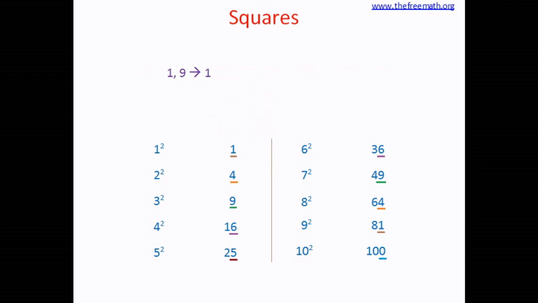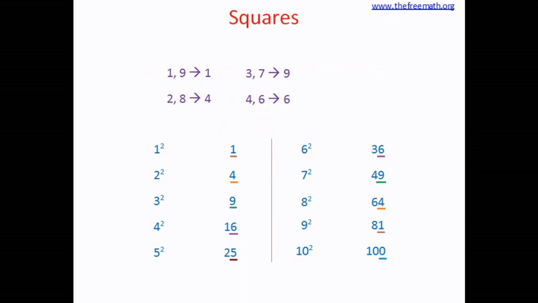Similarly, if the numbers are 2, 12, 22 or 8, 18, 28, then the squares of such numbers always end with 4. The square of 2 is 4, the square of 12 is 144 and so on. If the numbers end with 3 or 7, their squares always end with 9.